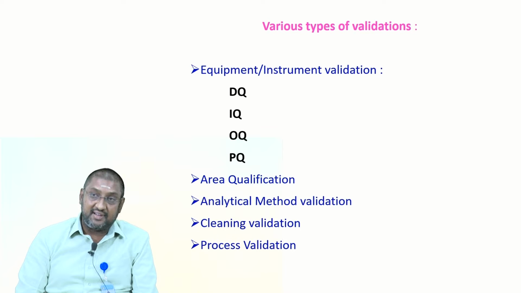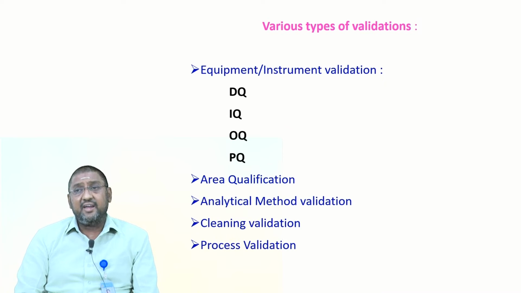That type of qualification is called design qualification. The rest, the pharmacy fellows deal with: IQ, OQ, PQ, that is installation qualification, operational qualification and performance qualification. Next is area qualification, and then analytical method validation, cleaning validation and process validation.